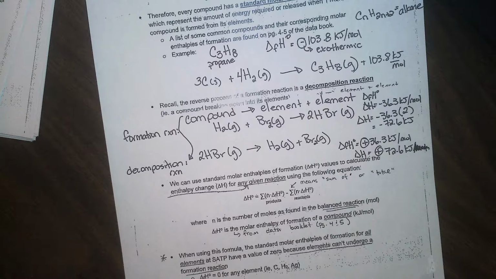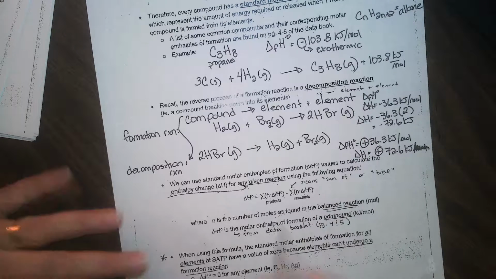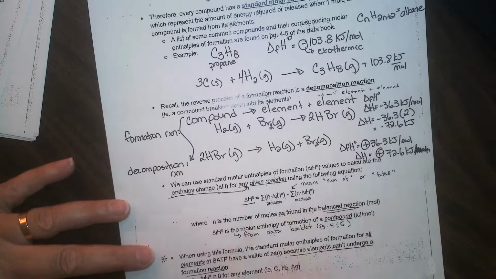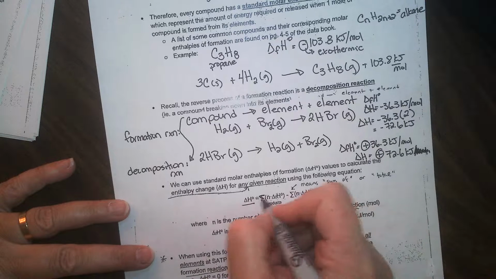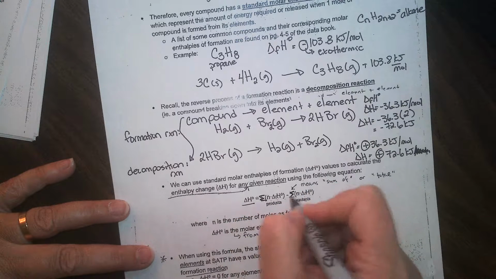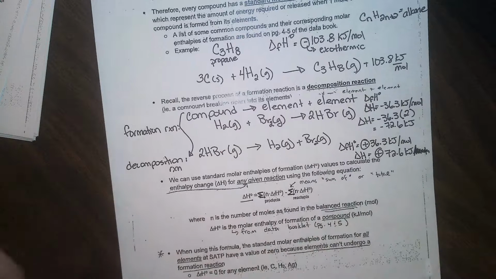Okay, so we can use standard molar enthalpies to calculate enthalpy change for any given reaction using the following equation. Change in enthalpy is the sum of, this epsilon symbol means the sum, of all of the products minus all of the reactants.